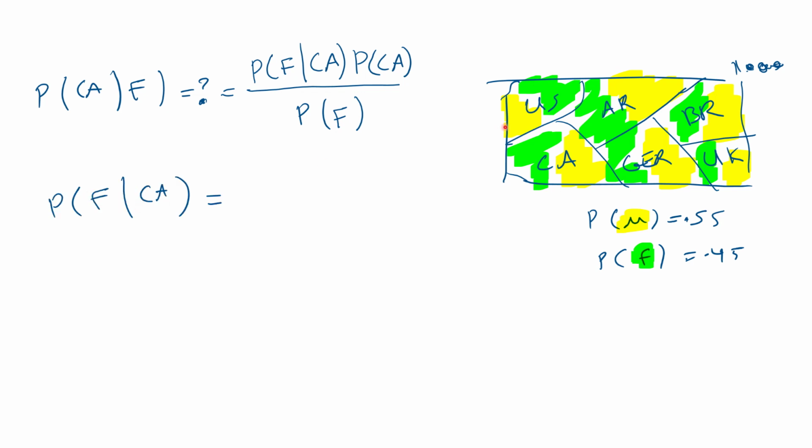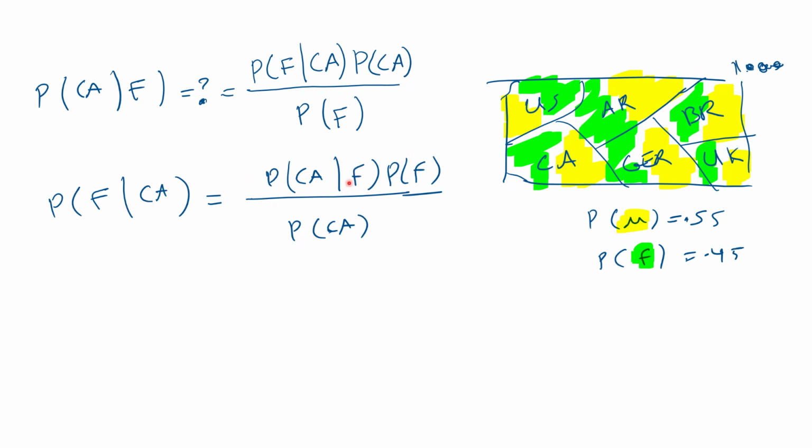I pick someone randomly and I ask you what's the probability that they're female if they're Canadian. Then I can rewrite this depending on what information I have.